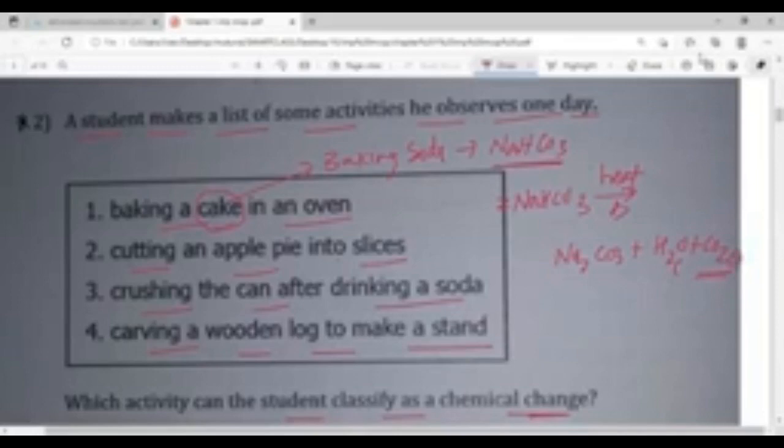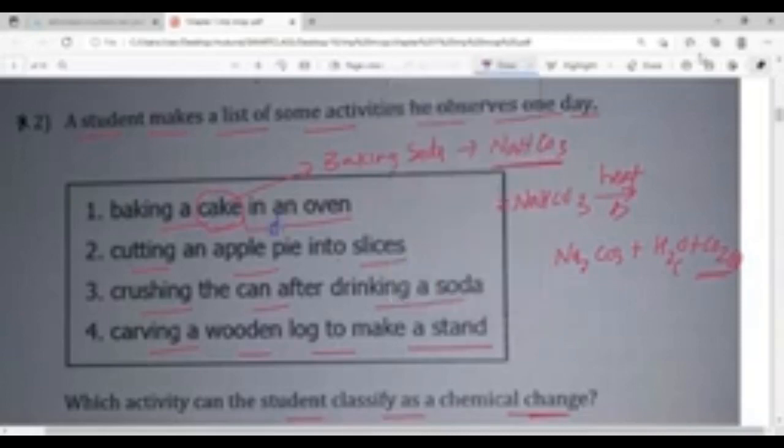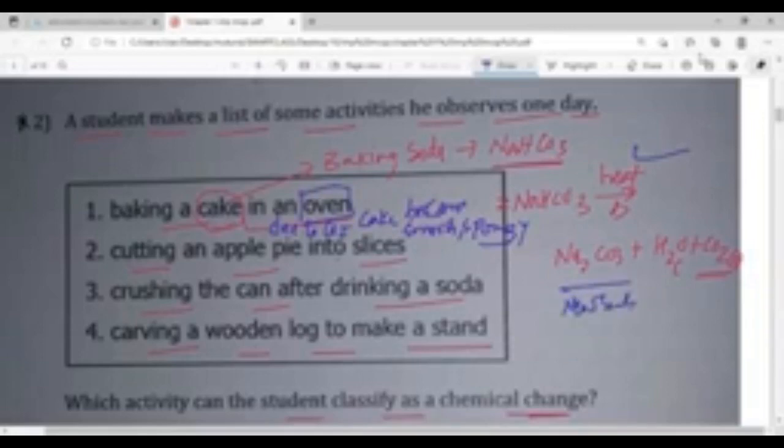This CO2 gas helps the cake to become smooth and spongy. So please remember, this is the change where we heat it in the oven, and new substances are formed, and that is why definitely this is a chemical change.